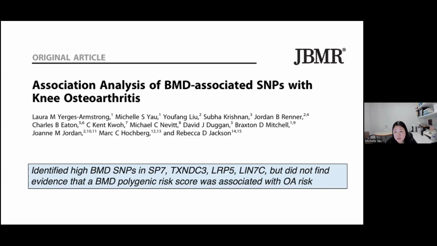We found a number of SNPs that were associated with OA, and these were SNPs that were associated with high BMD, increasing the risk of OA. But when we put these SNPs into a polygenic risk score, we found that it was not associated with OA risk. So it was just specific loci that were associated with OA.